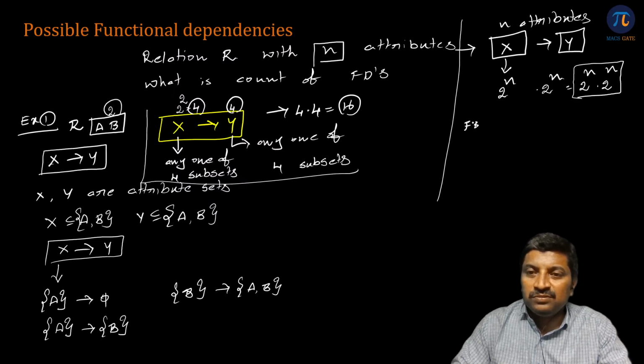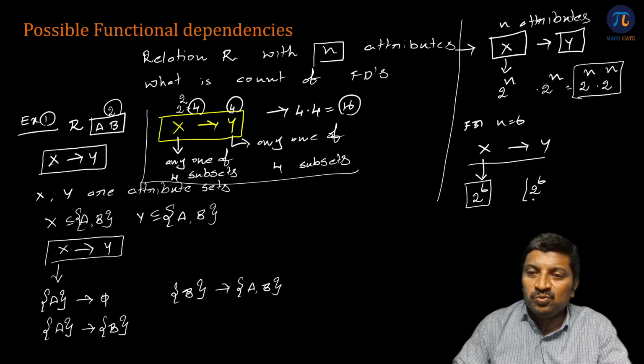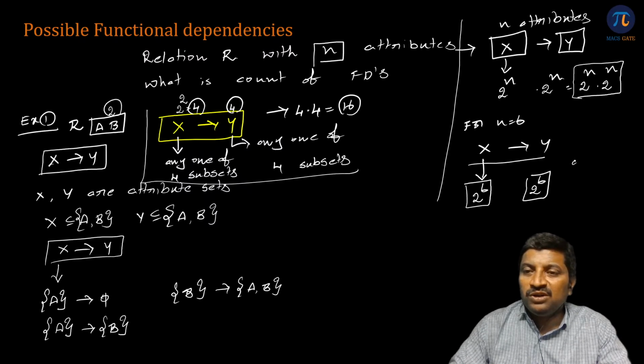For example, suppose n equals 6. In this case, what will happen, sir? X can be any subset of a 6-element set, so the possibilities will be 2 power 6. Y can also be 2 power 6. What is the total number of possibilities? 2 power 6 into 2 power 6.